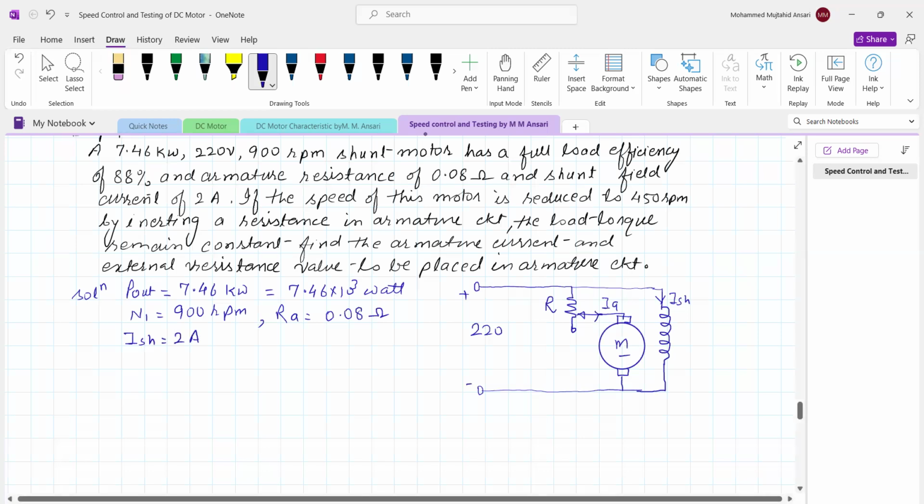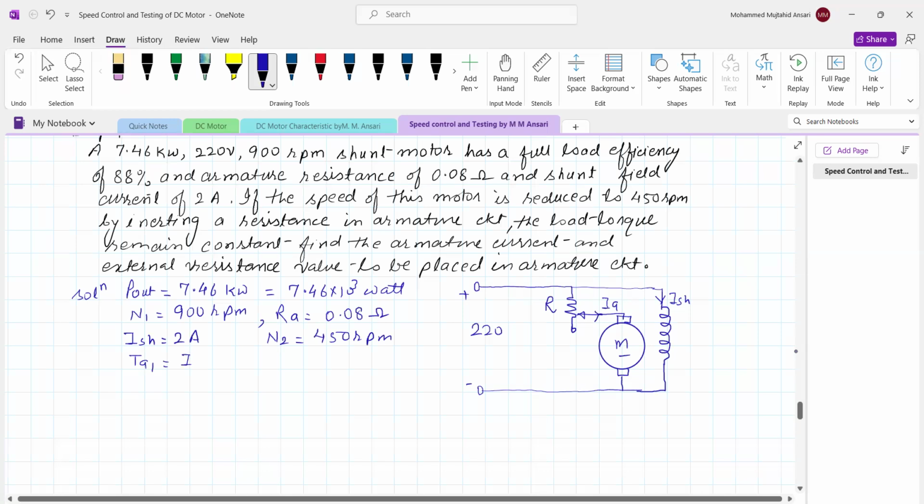If the speed of the motor is reduced to 450 rpm, meaning the speed in the second case is 450 rpm, the torque remains the same. The torque TA1 is equal to TA2.